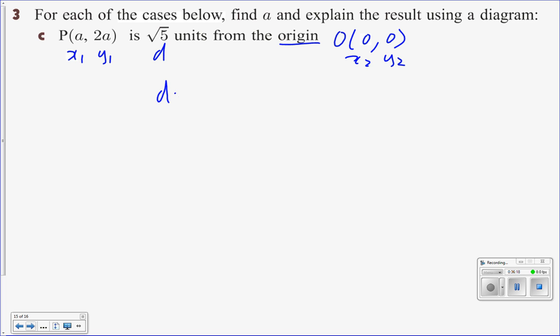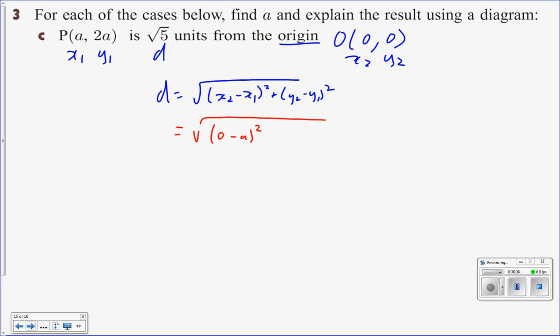So put our formula in, D equals square root x2 take x1 all squared plus y2 take y1 all squared equals square root x2, so that's going to be 0 take A all squared plus 0 take 2A all squared.